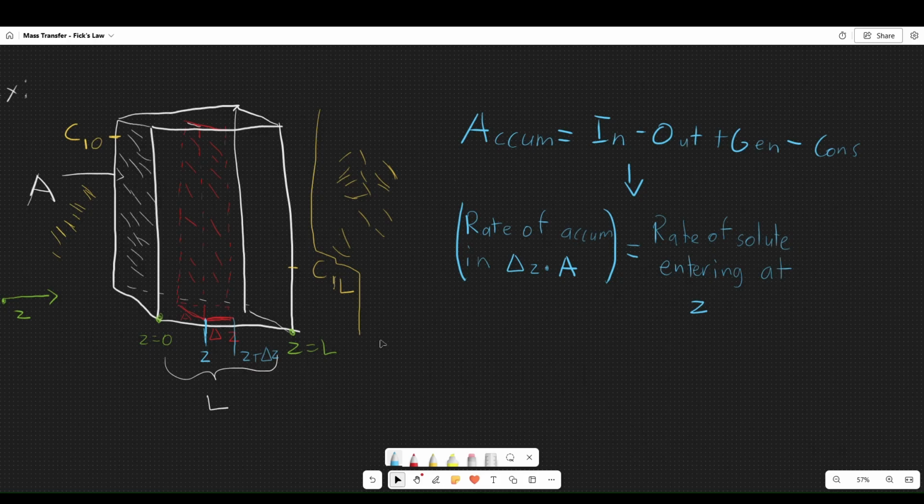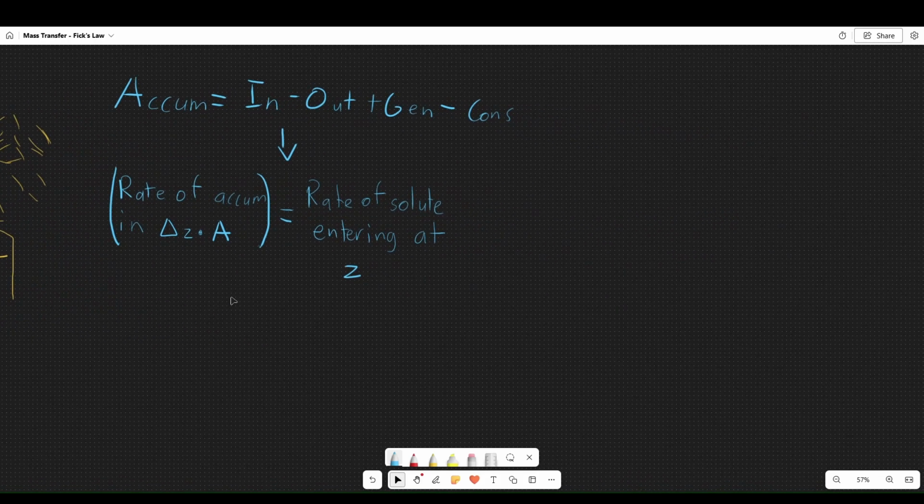So whatever comes in is the rate of solute entering at z, and whatever is going out is the rate of solute exiting at z plus delta z.